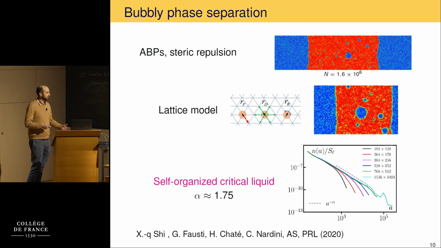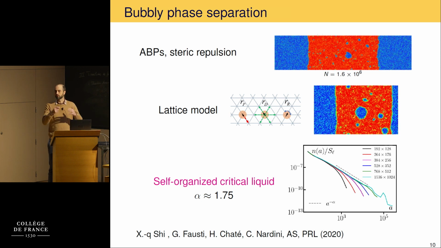So that, with other measured quantities, we have interpreted this result as this kind of phase separation being like a self-organized critical system. If you want to make the analogy with the usual sand pile model, the grain of sand that you add to your sand pile would be the new bubbles that you nucleate.